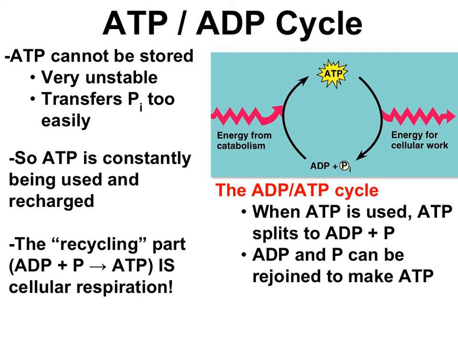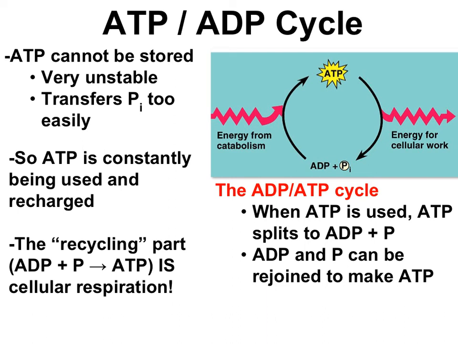So in cells, when ATP is used to release energy to do things or as a source of phosphates, ATP is converted to ADP plus free phosphate. But then ADP and free phosphate can be rejoined together to make ATP.